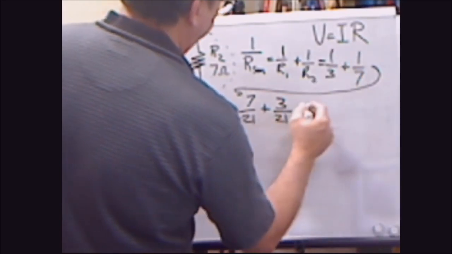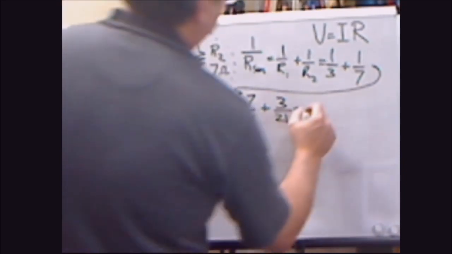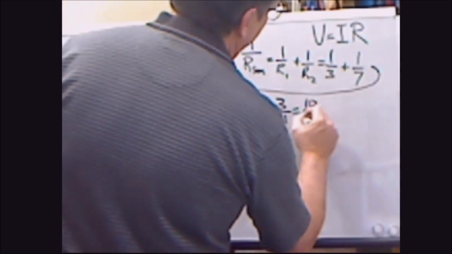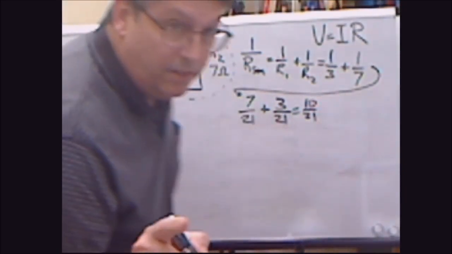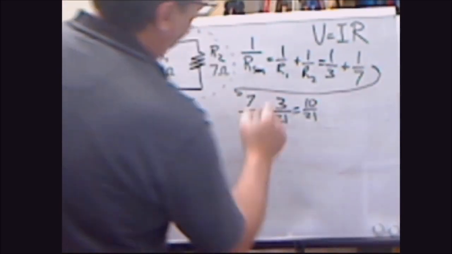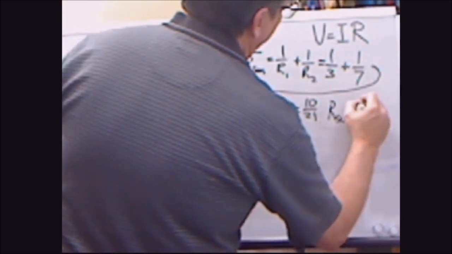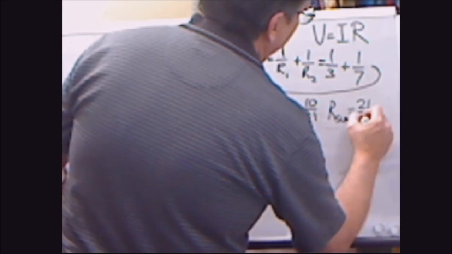Right. Okay, good. And now we have a common denominator, so we can add those together, and we end up with 10 over 21, which is the reciprocal of the sum of the resistance of that system, right? And so the R sum is going to equal 21 over 10 ohms.